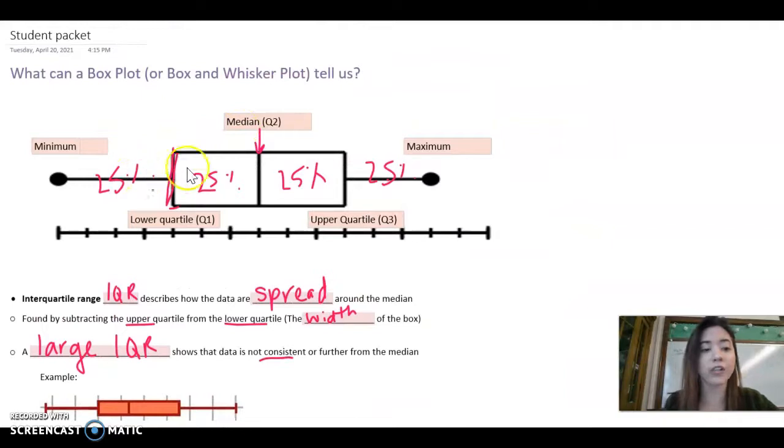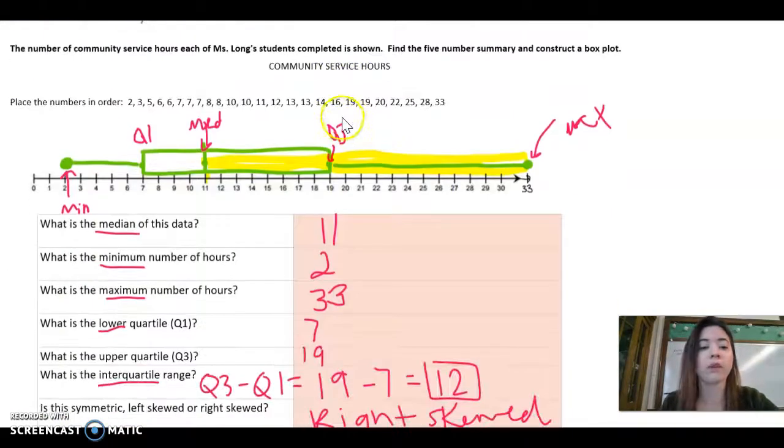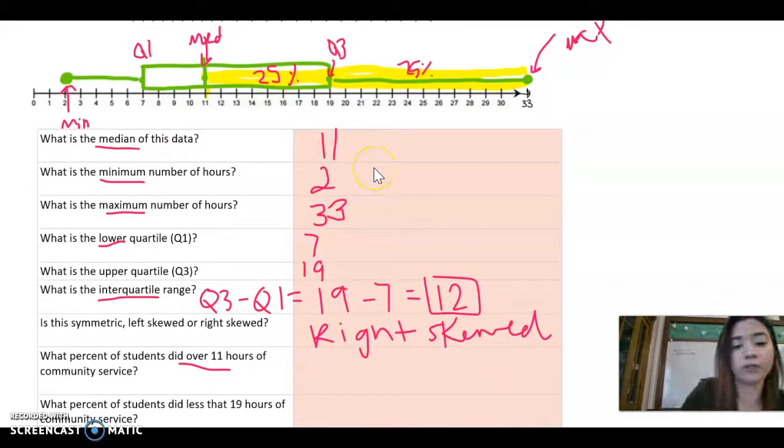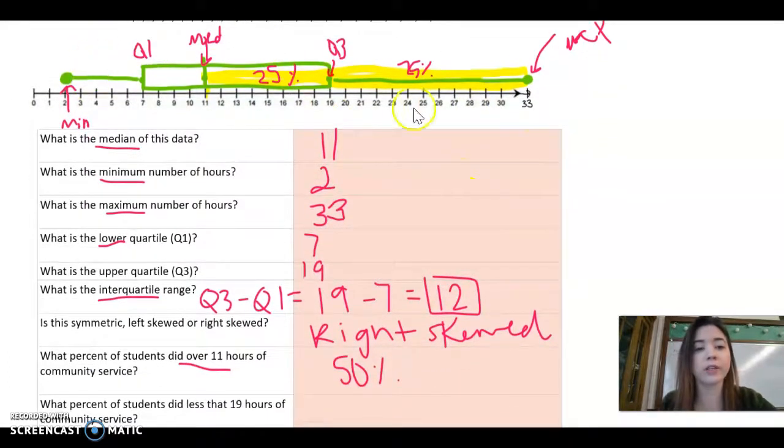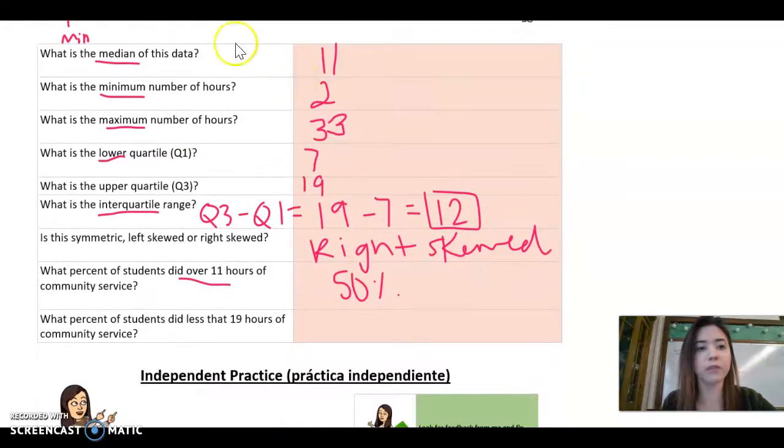Remember, each section is worth 25, 25, 25, and 25. So here, we have one section right here, that's 25%. One section right here, that's 25%. So that is a total of 50% of our data. So 50% of our students did over 11 hours of community service. Again, each whisker is worth 25%, and then the left side of my box is 25, and the right side is 25.